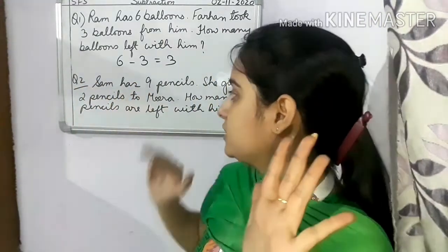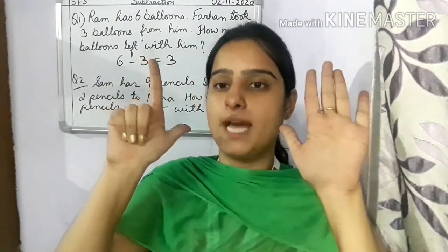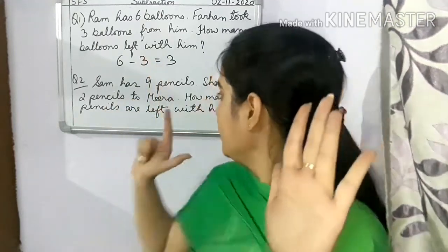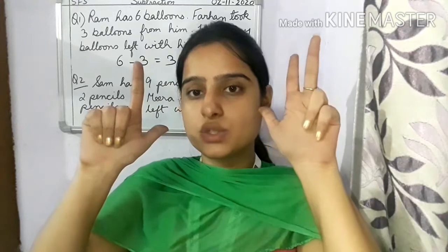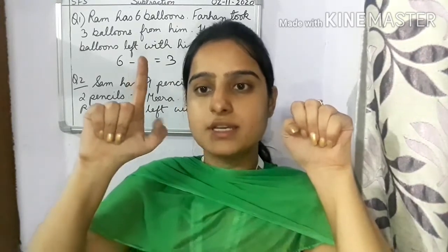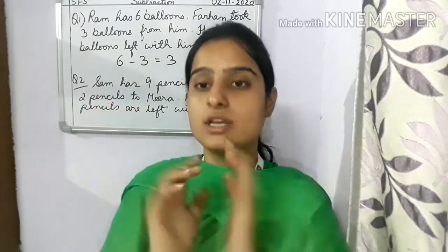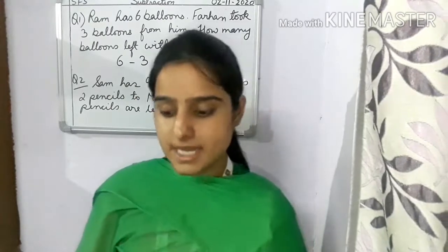And he gave 2 pencils to Meera. So you remove 2 pencils from 9 pencils, children. How many pencils are left with him? Now you count. 1, 2, 3, 4, 5, 6, 7. So how many pencils are left with Sam? 7 pencils.